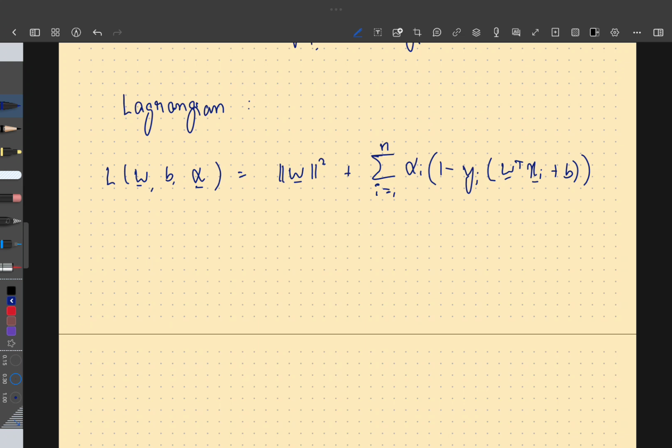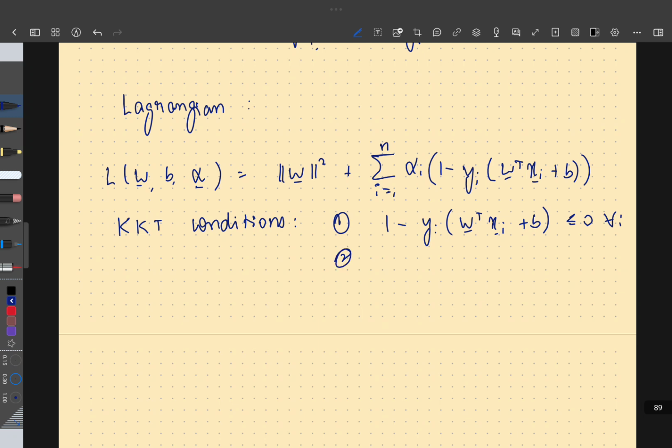The KKT conditions would be the following. Firstly, all of the constraints should be satisfied. So we want 1 minus yi times (w transpose xi plus b) to be less than or equal to 0 for all i.